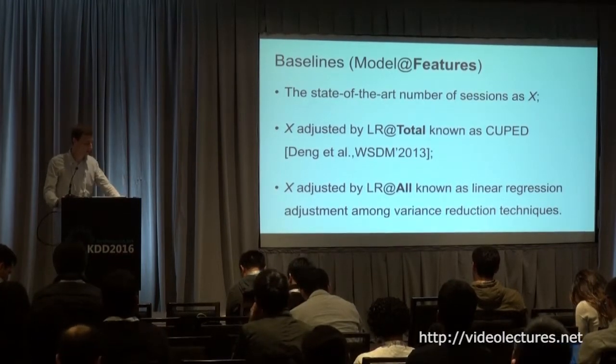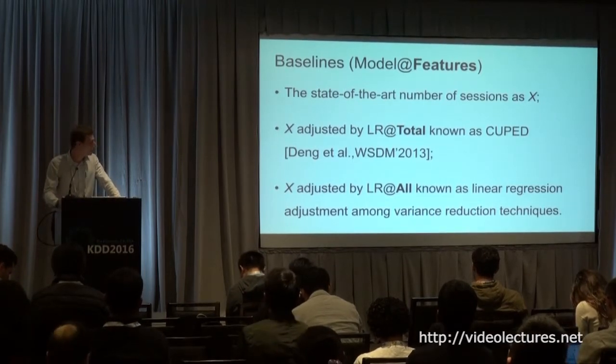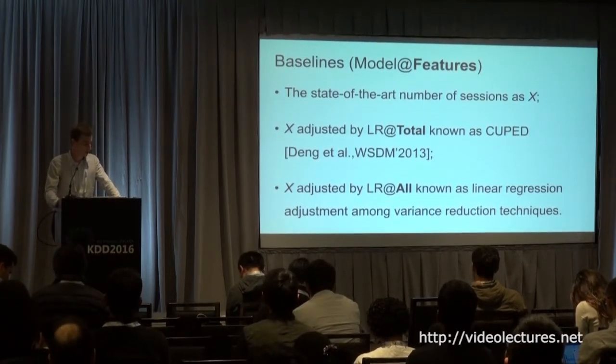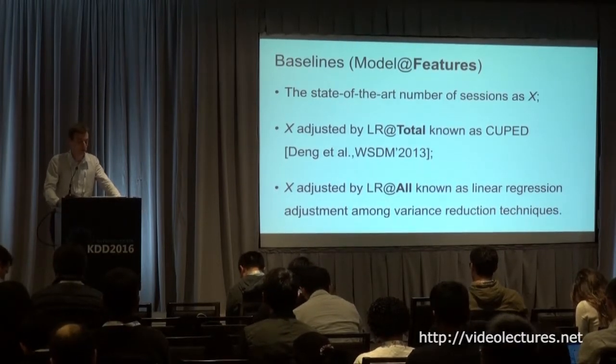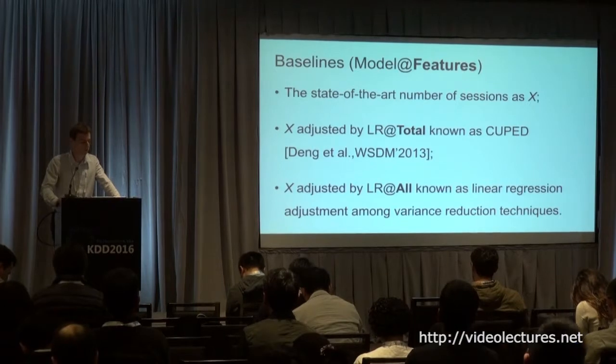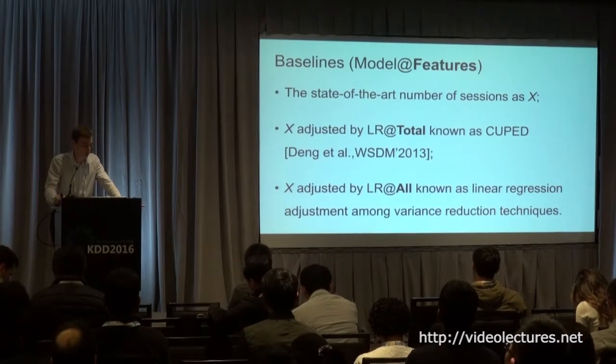This technique is also known as CUPED in online A/B testing. And finally, we considered this metric X adjusted by a linear model constructed over all features, known as linear regression adjustment, which is widely applied in clinical trials, and it is well known in the literature on variance reduction techniques.